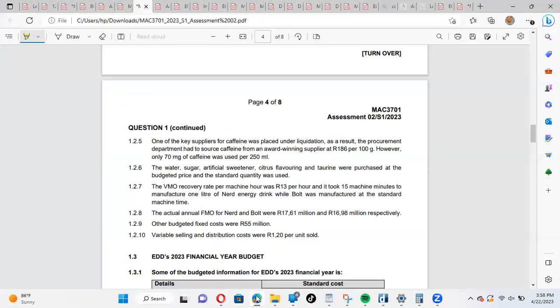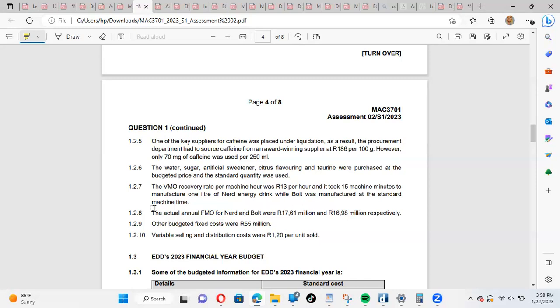All right, so now we are dealing with the fixed costs. Fixed costs make use of budgeted production costs. Actual fixed manufacturing overheads were given, but for the sake of valuation of inventories, we make use of the budgeted information.